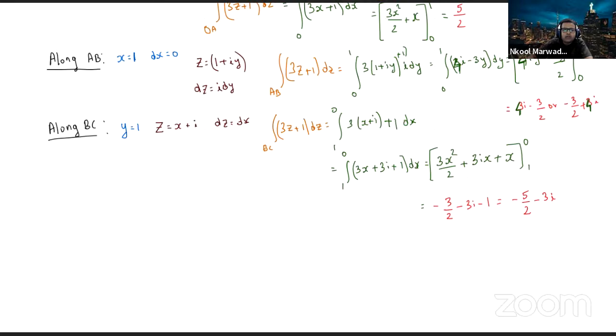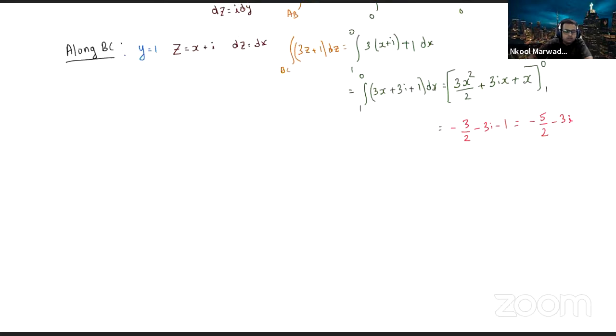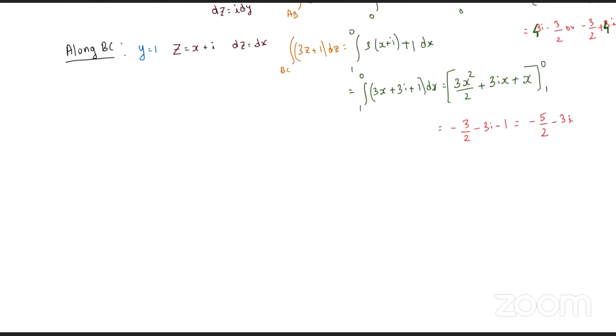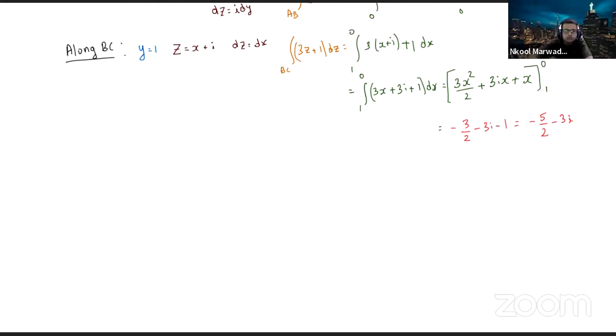Now we can calculate along CA last, not CO, along CA.